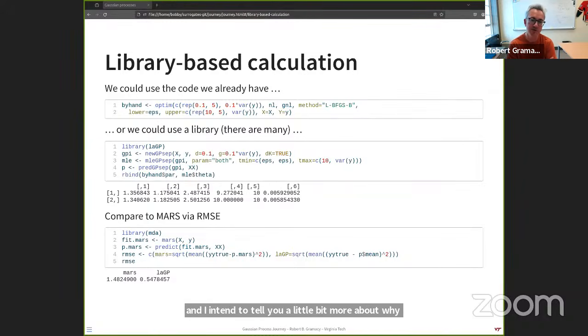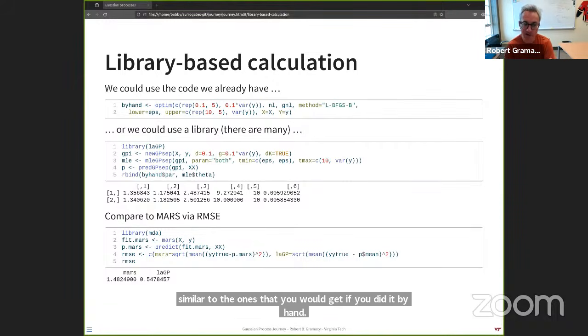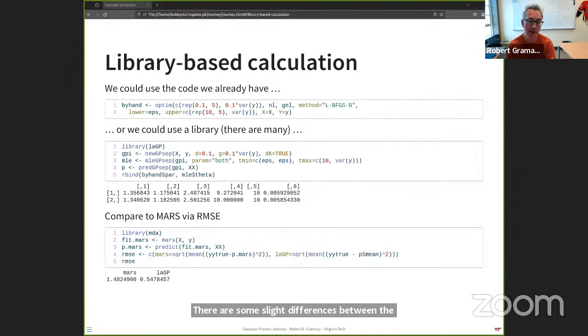But for right now, I'm using it just to do ordinary Gaussian process regression, just like I've told you about. It'll dial in those hyperparameters for you, which is that bunch of numbers in the middle. And they're very similar to the ones that you would get if you did it by hand. There are some slight differences between the package and what we coded up by hand.